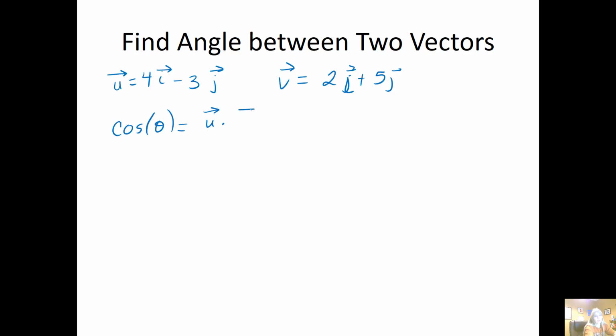The numerator is the dot product between these two, and the denominator is the magnitudes multiplied.